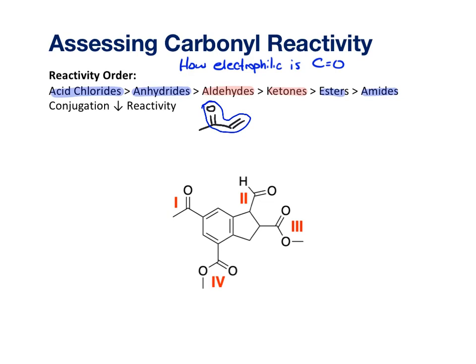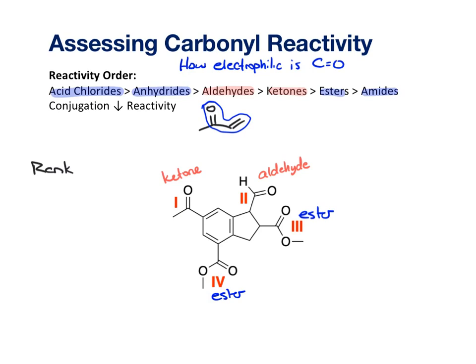So if we apply this to our molecule down below, where you're asked to rank these different carbonyls by reactivity, first, let's just identify what they are. We have an aldehyde, we have a ketone, we have an ester, and we have an ester.